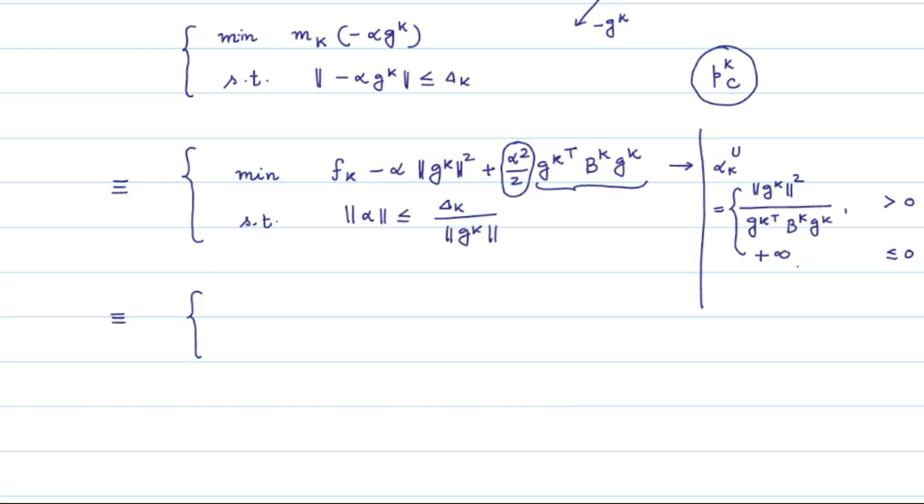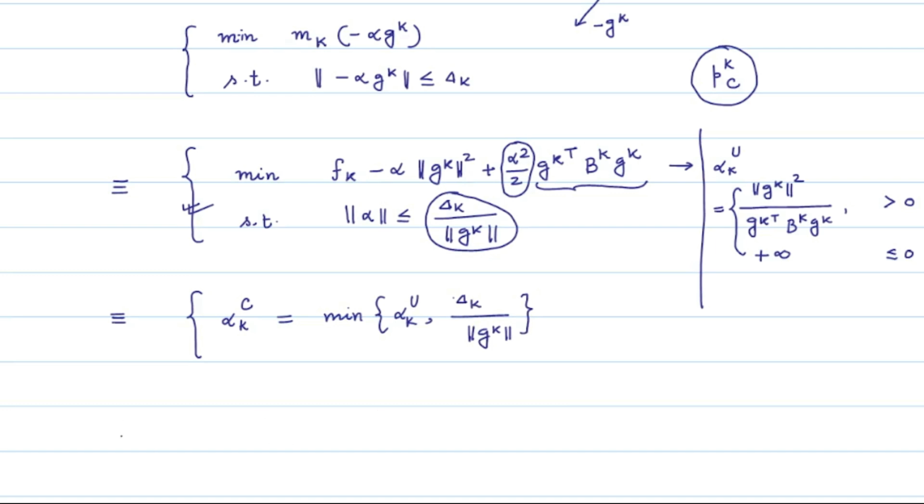But as in this constrained optimization problem, we need to have norm alpha not exceeding this amount of value. Therefore, a solution to this problem is given by alpha kC equal to the minimum value of the unconstrained minimum and the restriction for alpha, delta k divided by norm gk.